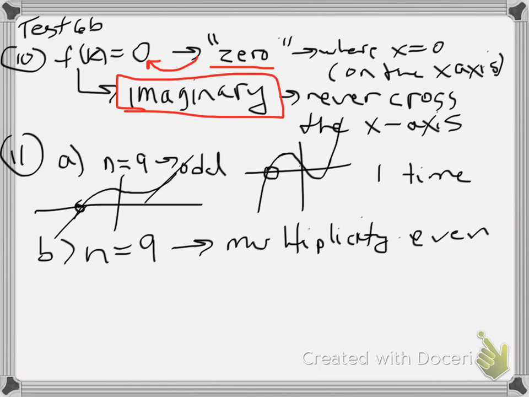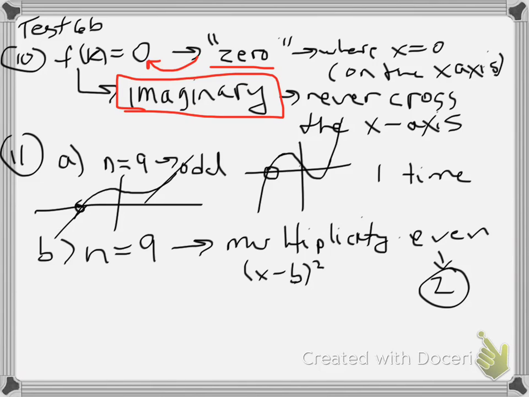So the lowest even number is 2. So that means you get zeros like, let's say it was x minus b to the 2 or 4 or 6 power. So we're going to use the lowest one because the lowest even number is 2, and that will give us the most tangent zeros there.